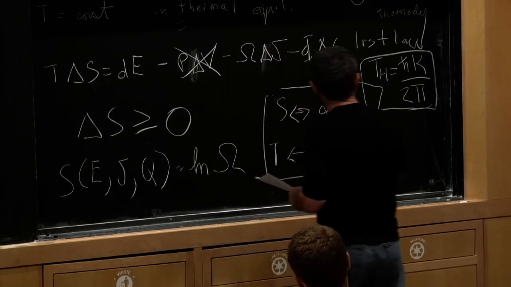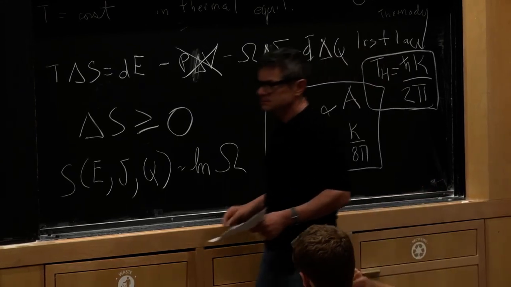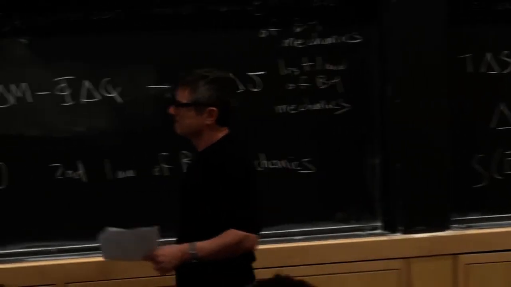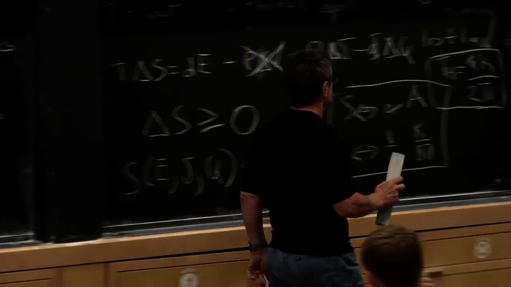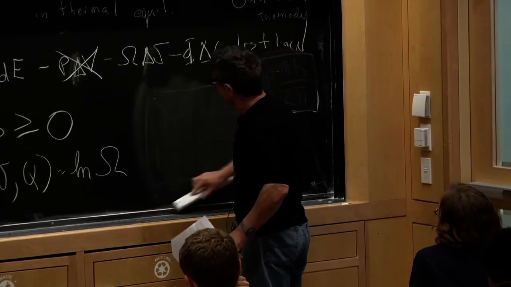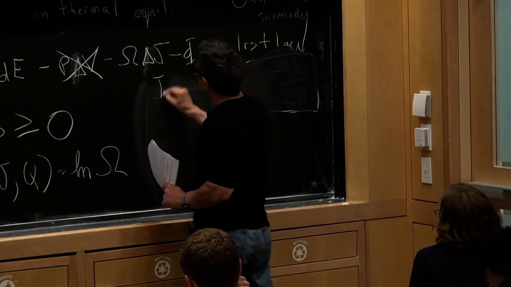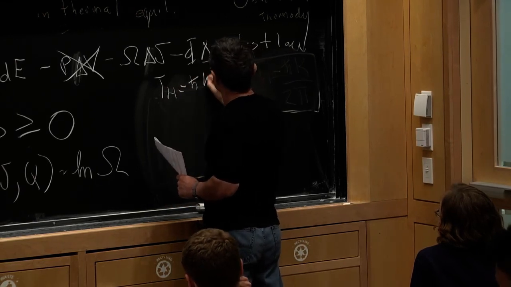Oh, and of course, once we know this, we also know that the Hawking temperature is equal to h bar kappa over 2 pi.